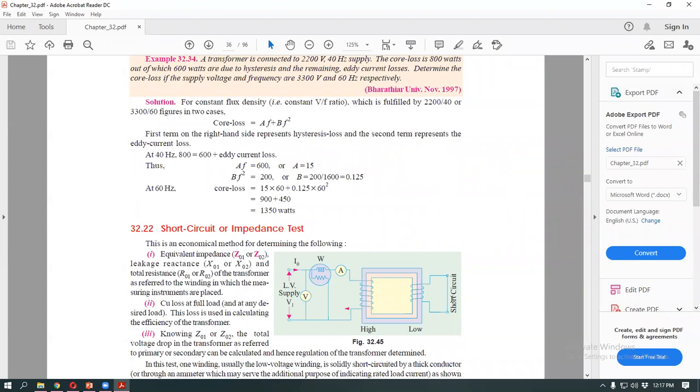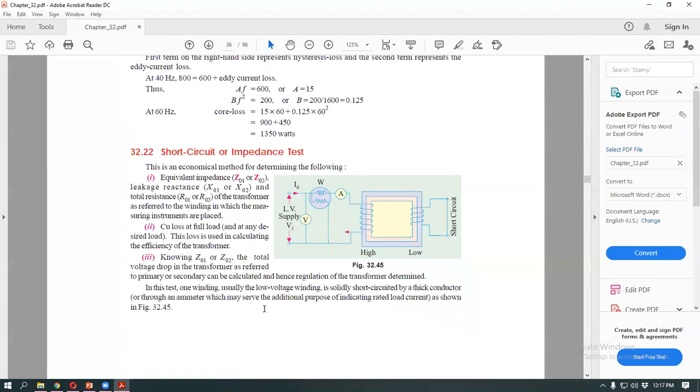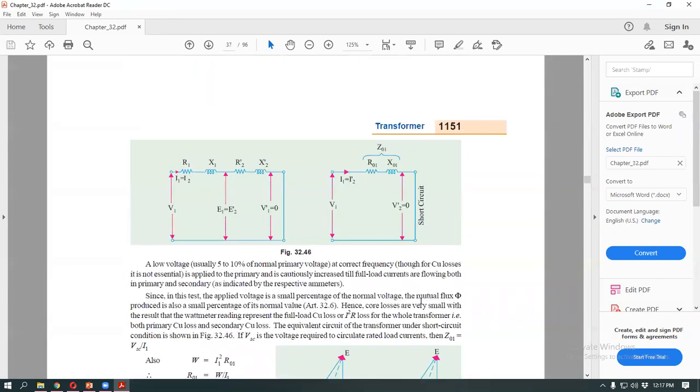And this is the short circuit, or this is the impedance test. The copper loss. So this test is very important.